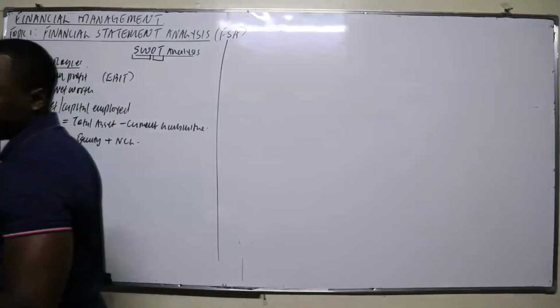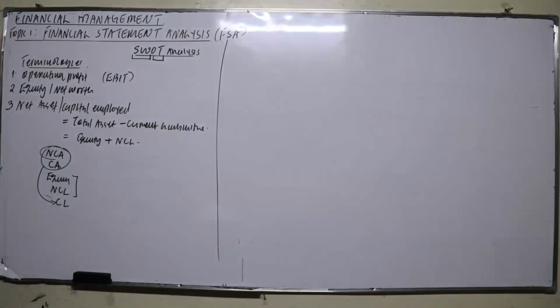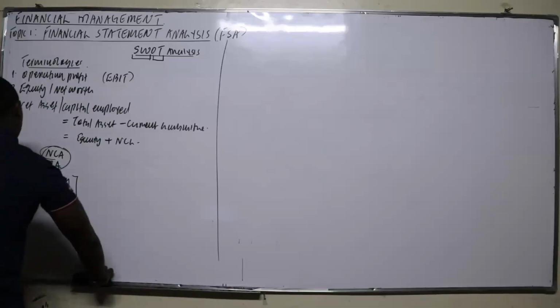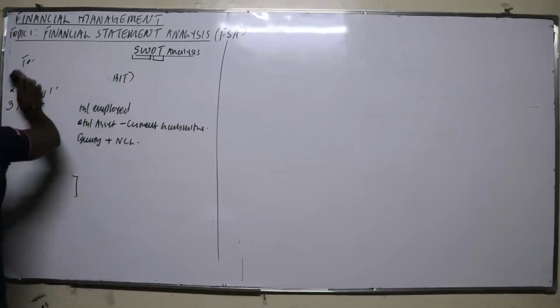Then we write an NB. The key tool in financial statement analysis is the financial ratios.